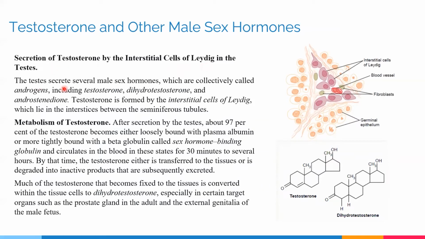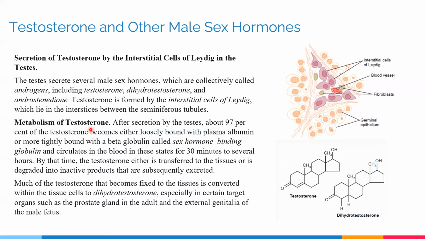The testis secrete several male sex hormones which are collectively called androgens, including testosterone, dihydrotestosterone, and androstenedione. Testosterone is formed by the interstitial cells of Leydig, which lie in the interstices between the seminiferous tubules.